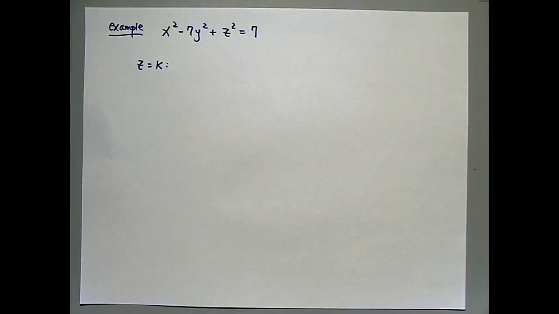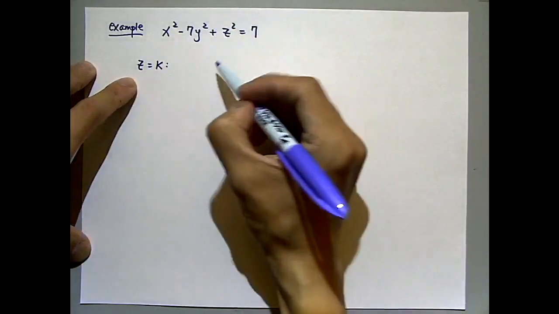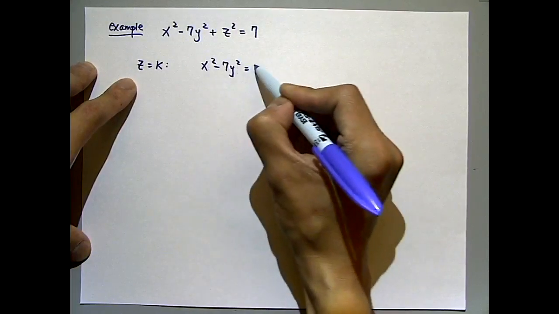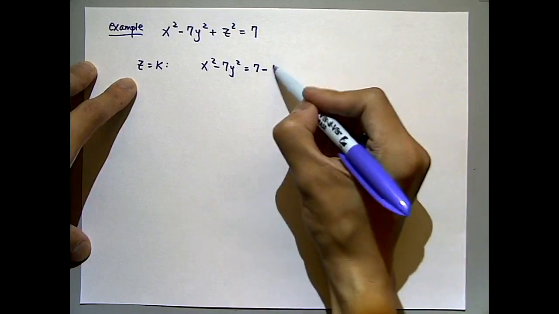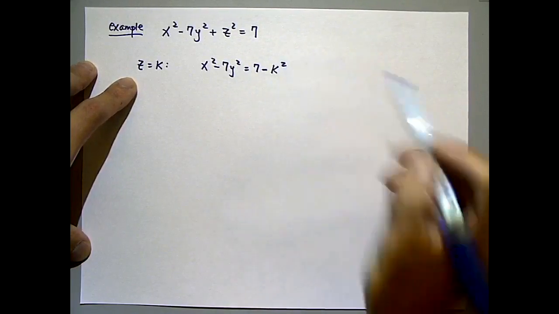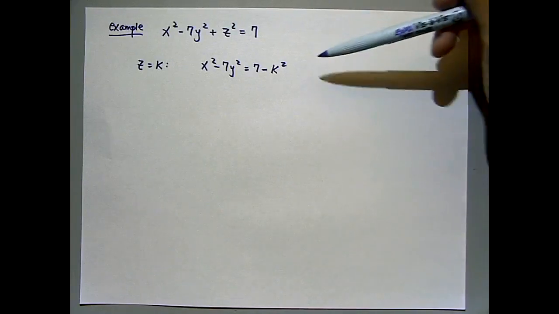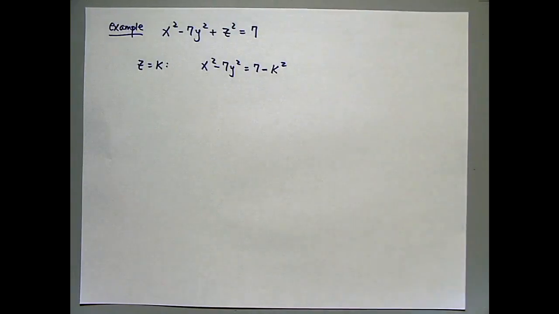Same process. You take slices that z is equal to k, y is equal to k, x is equal to k, and then stack them together. All right, so we know how to do this. We have x squared minus 7y squared is equal to 7 minus k squared. Shape.